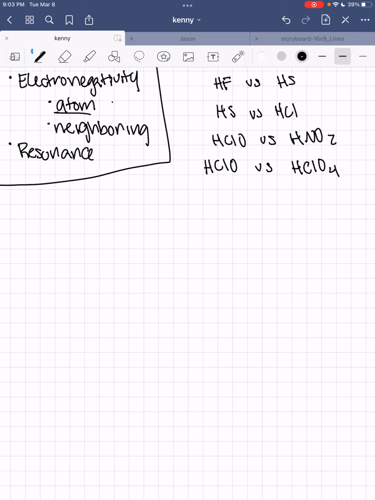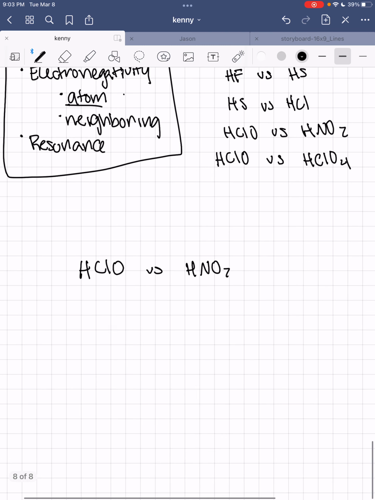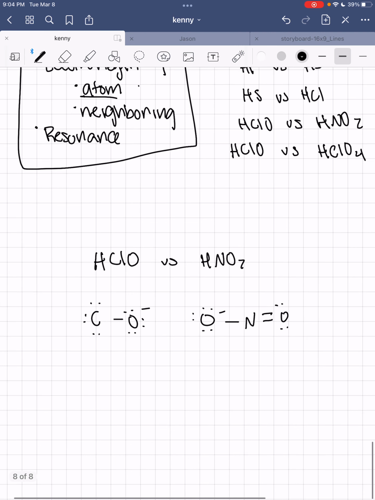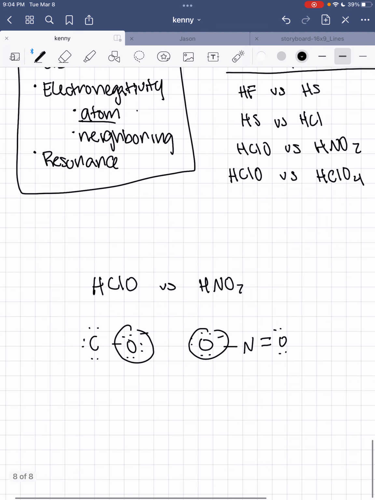This is an example of electronegativity and comparing it to its neighbors. Let's draw the Lewis structure. Let's draw the structure of the conjugate bases. So here you can see that the negative charge is on the oxygens, so you can't really compare the electronegativity of those 2 atoms.